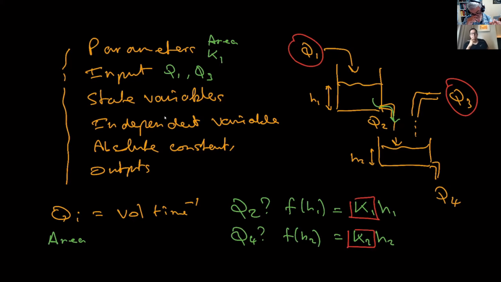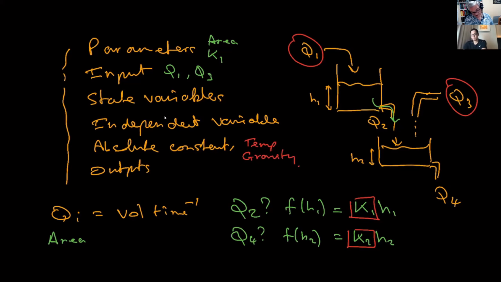So in principle, I could change the size of that outflow pipe, but I'm not going to. So I'm going to treat it in this model as a parameter. So that's two parameters. The absolute constants will be things like the temperature, gravity.